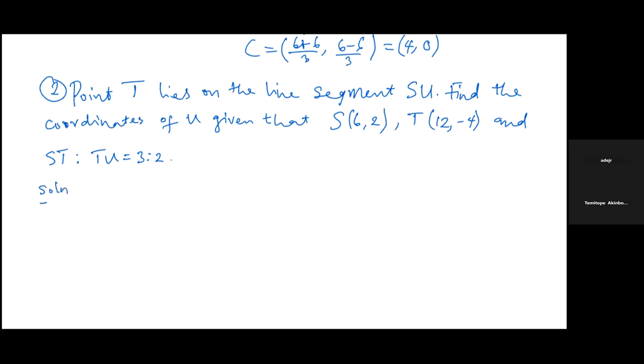So I want you to attempt it. Let me see how you're going to fare. Find the coordinate of U, given that coordinate of S is that, coordinate of T is that, and the ratio ST to TU is 3:2.